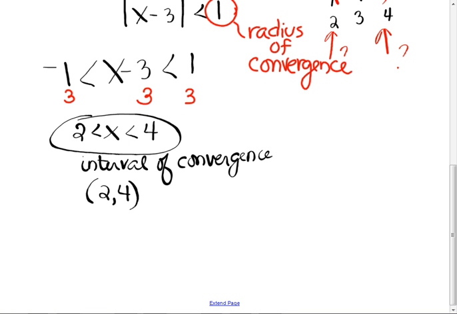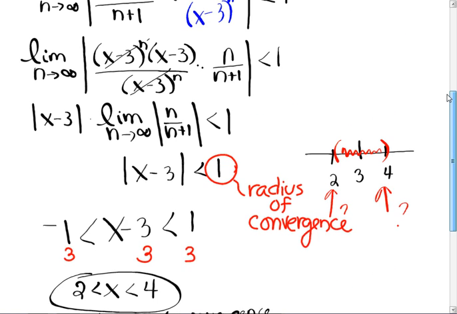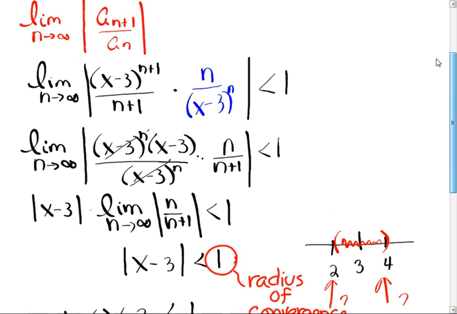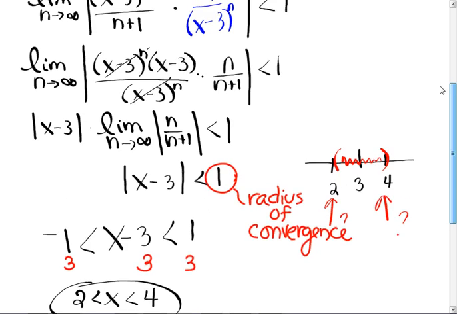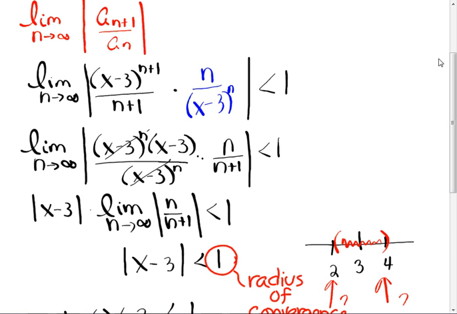Because of the endpoints, let's look at them in my ratio test. If I put in 4, for instance, it took me a couple years to realize this. In the ratio test, I get 4 minus 3 to the n plus 1 over n plus 1 times n over 4 minus 3 to the n.